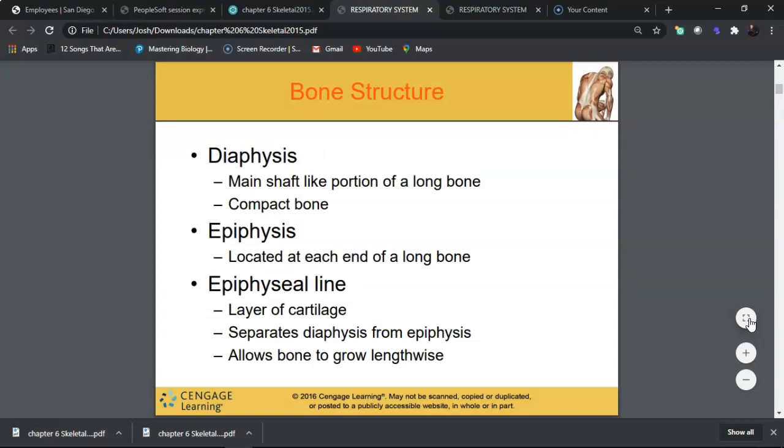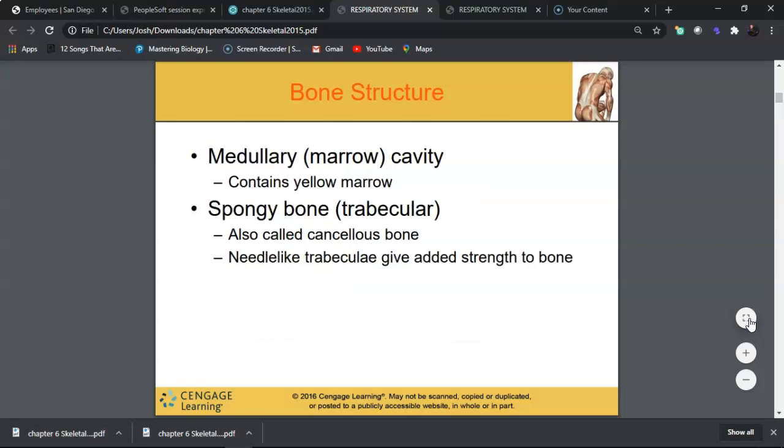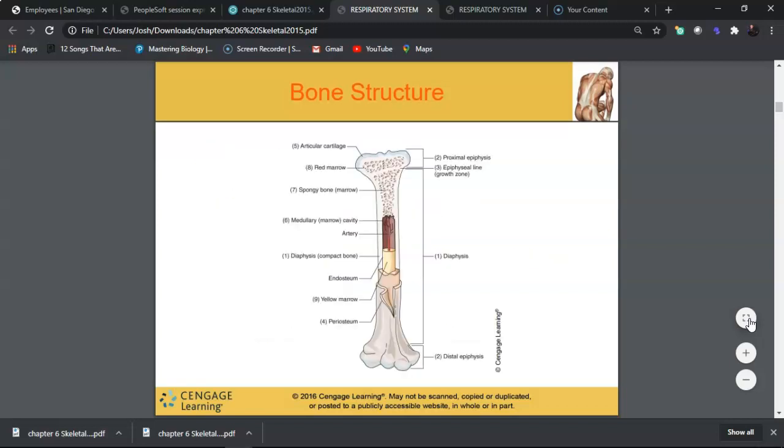Then we can actually look at the bone structure itself. And this is primarily the bone structure of a long bone, like the humerus or the femur. When we look at this classification, we have to be able to break the bone up into specific nomenclature so that we can identify and name it. So I'm going to jump to the picture here because this picture gives a little better idea of what we're dealing with.